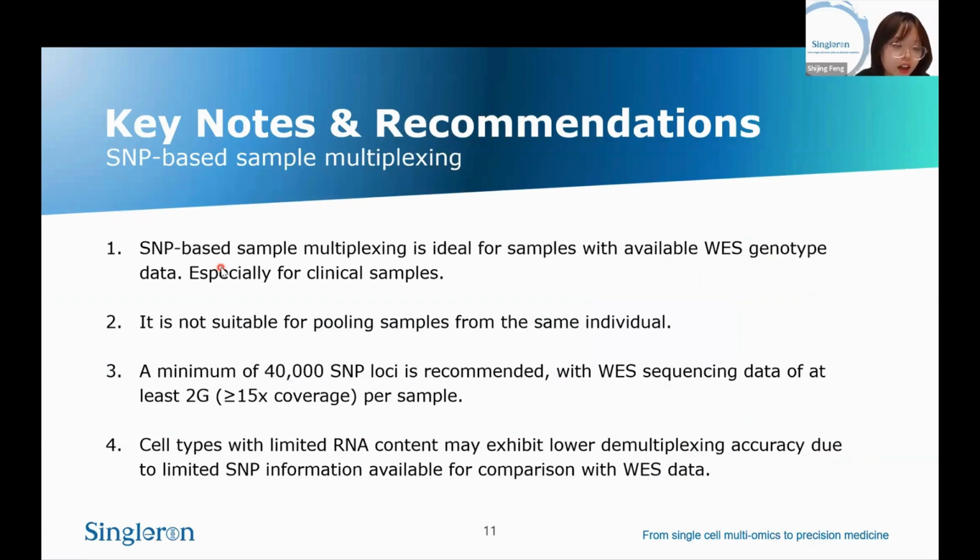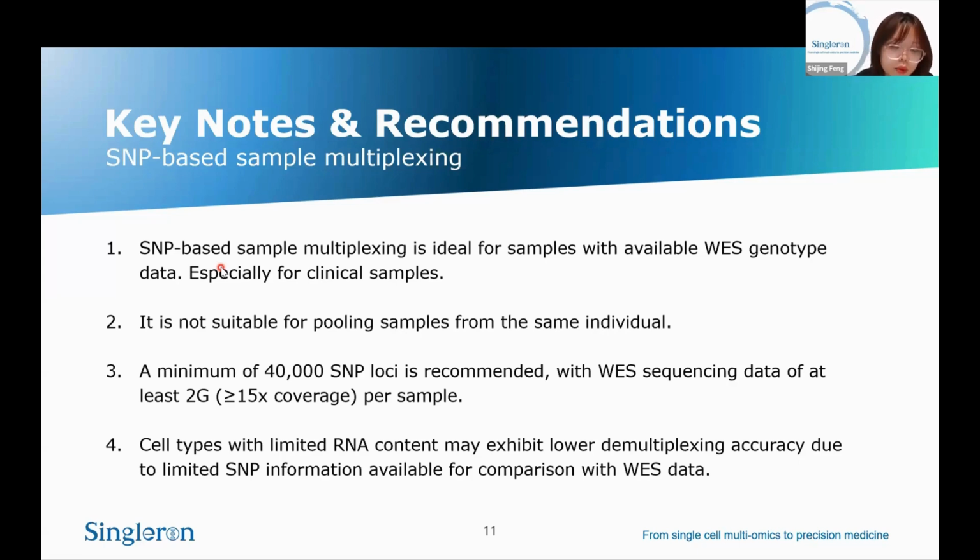So at the end, let me summarize what we have today. We talked about the sample multiplexing strategies used for single cell tech studies, and there are two main strategies. One is the barcode-based sample multiplexing, and one is the SNP-based sample multiplexing.